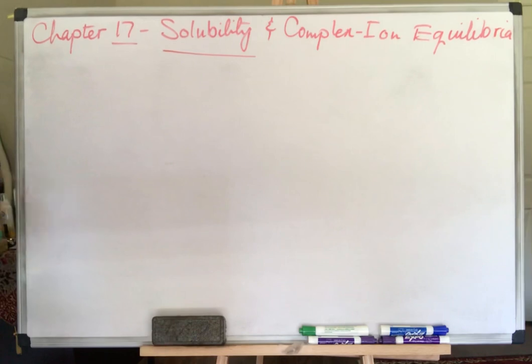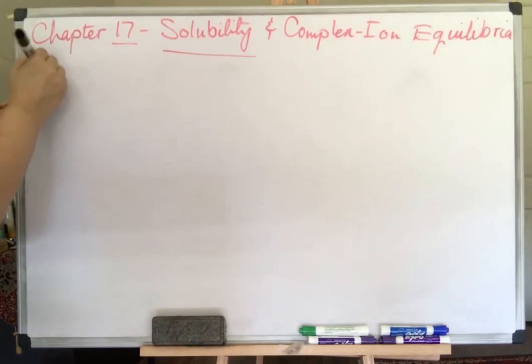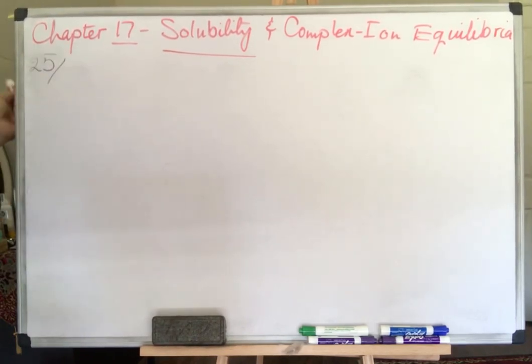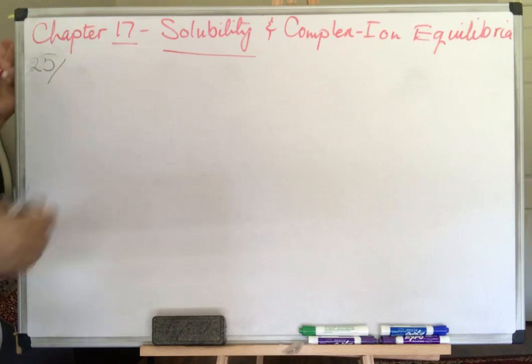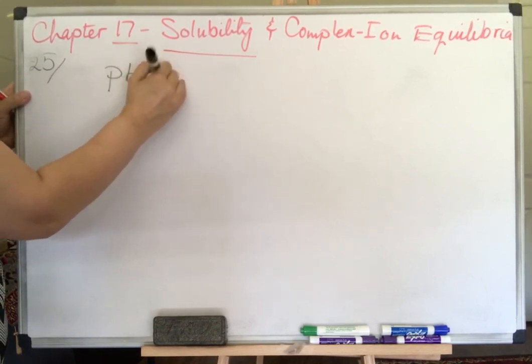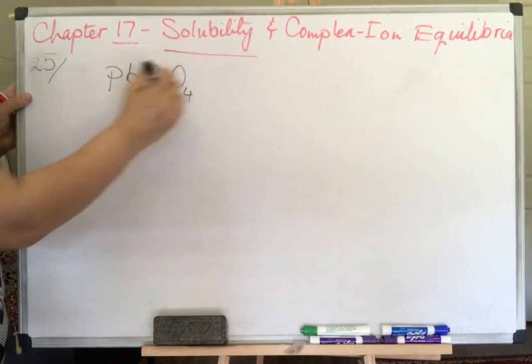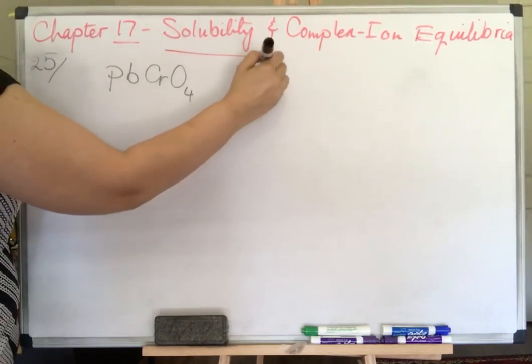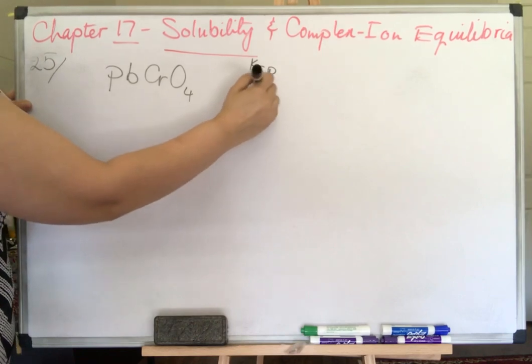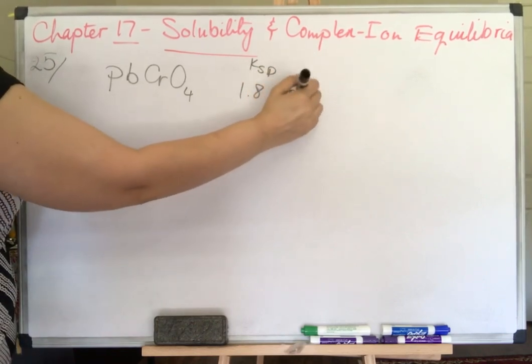The concept check question on slide number 25 is asking for the 3 lead compounds. You have PbCrO4, lead(II) chromate, with a Ksp value of 1.8 times 10 to negative 14.